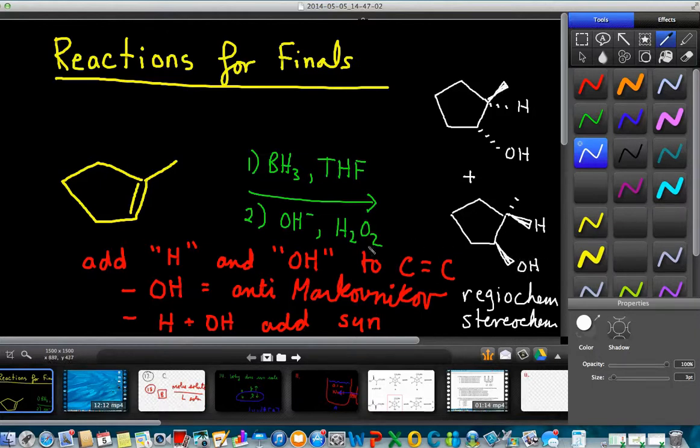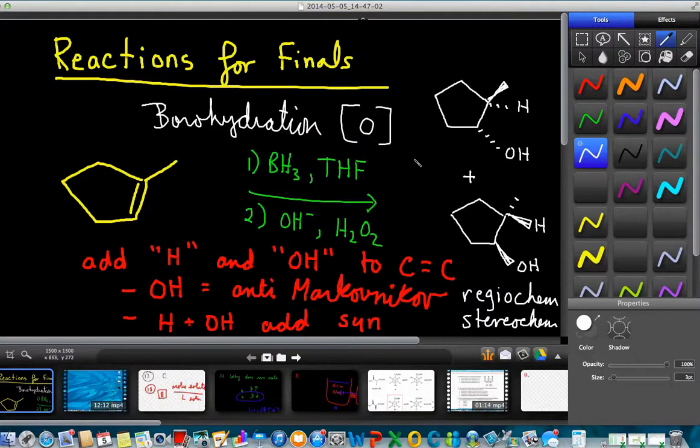This is hydroboration-oxidation. Hydroboration-oxidation will give us the anti-Markovnikov alcohol with syn addition of the elements of water across a double bond.